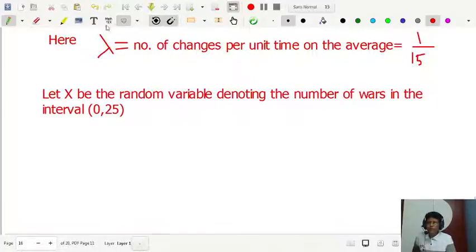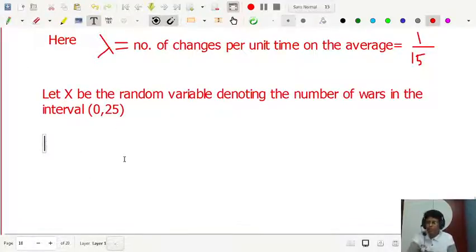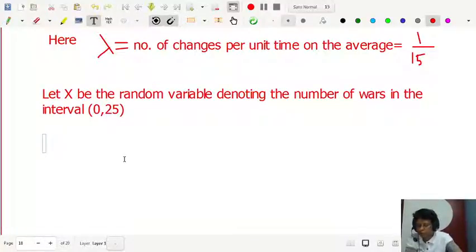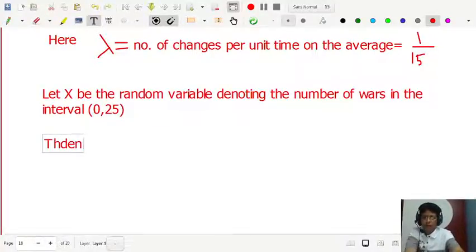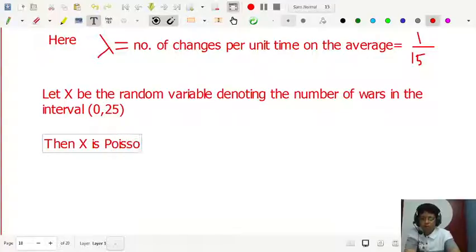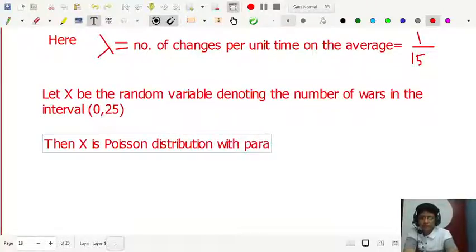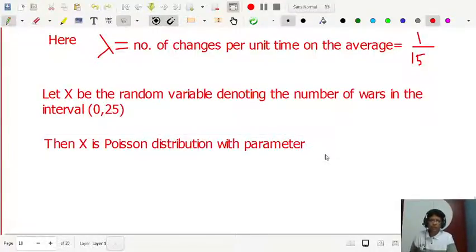Now, according to the theorem on stochastic processes, X is Poisson distributed with parameter mu equal to lambda into t.